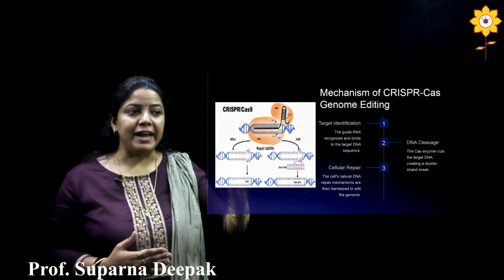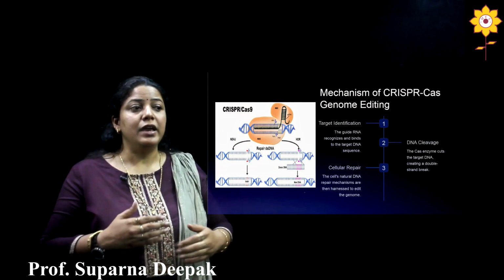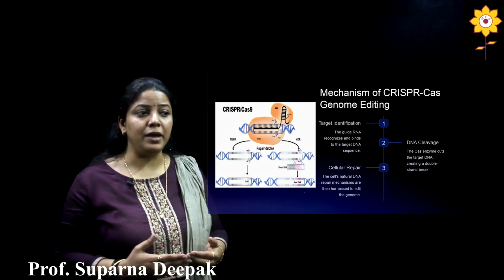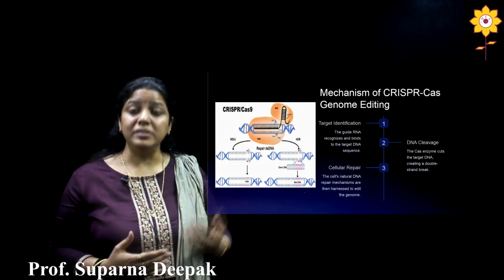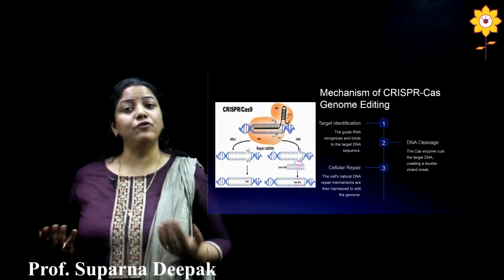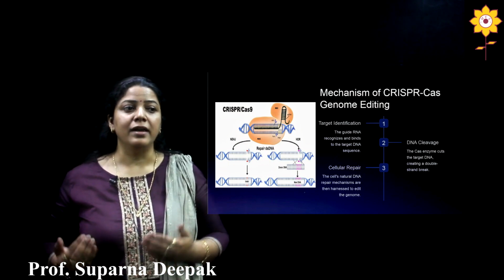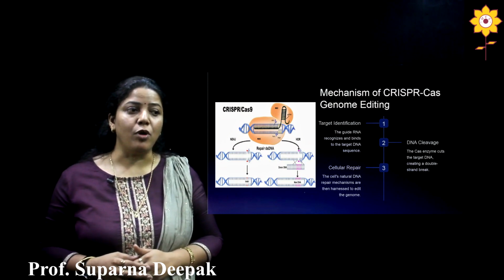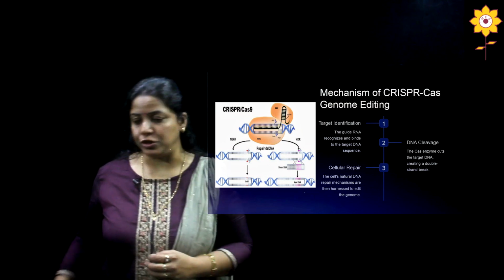So once this guide RNA recognizes and binds to your DNA sequence, it will activate the Cas enzyme, which will cut the DNA and create the double-stranded breaks, followed by the cellular repair. The cellular repair is either by NHEJ or HDR, depending upon the need of the genome modification.